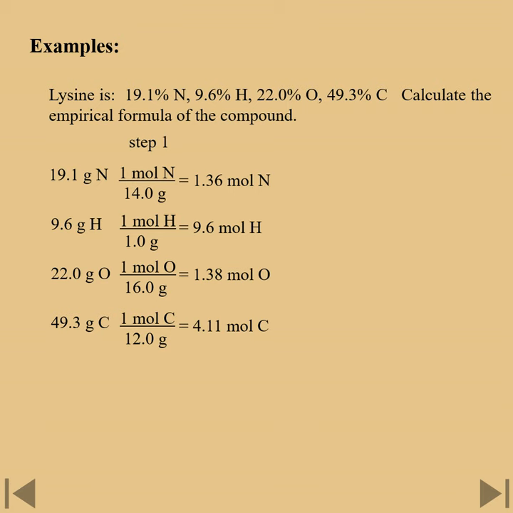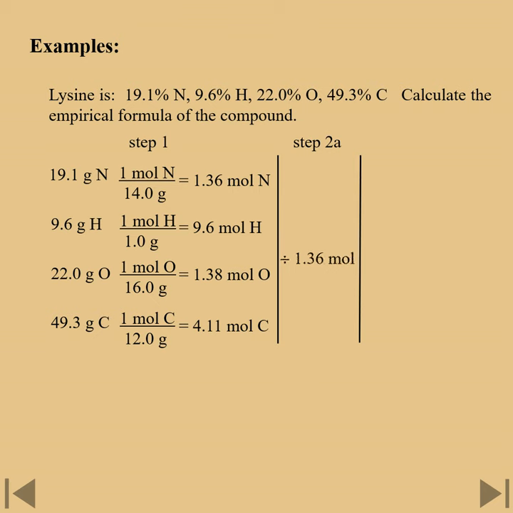Now these numbers are the mole ratio. They're just what I would call ugly numbers. They're not whole numbers. And so to hopefully generate whole numbers, we're going to divide everybody by the smaller, that 1.36 moles. So again, we're going to divide everybody by the 1.36 moles.